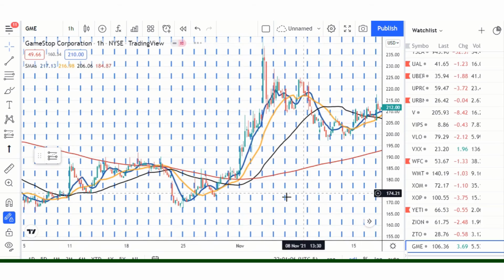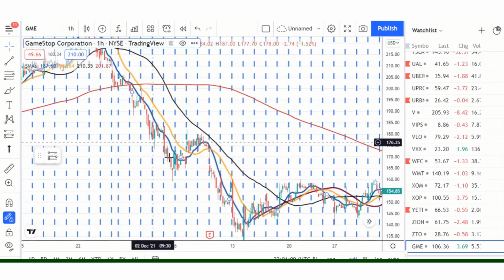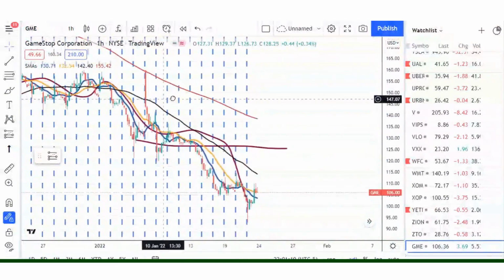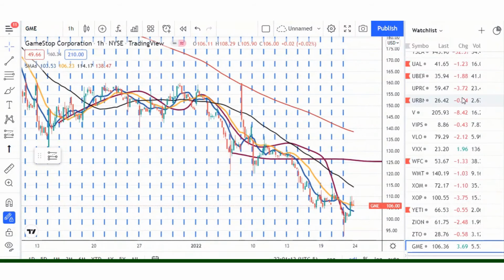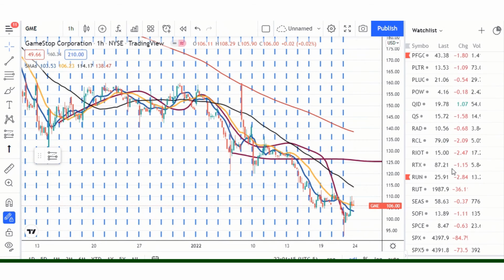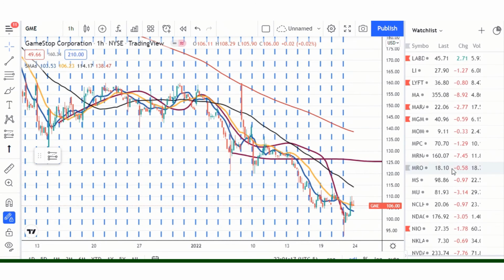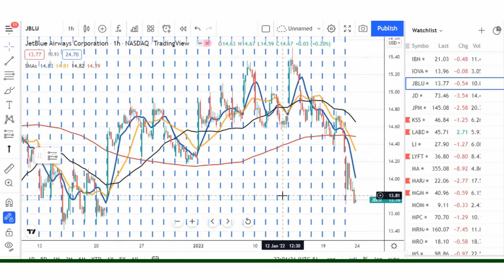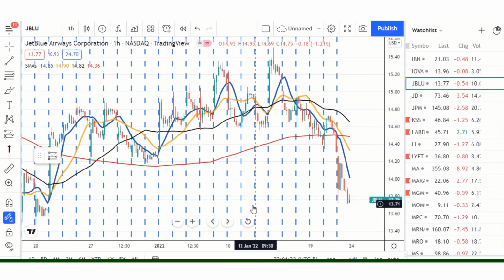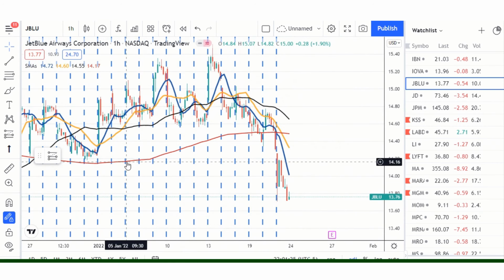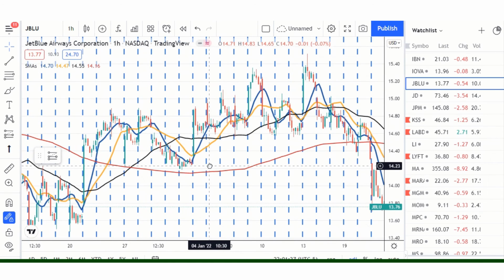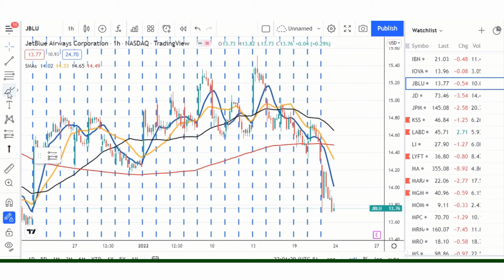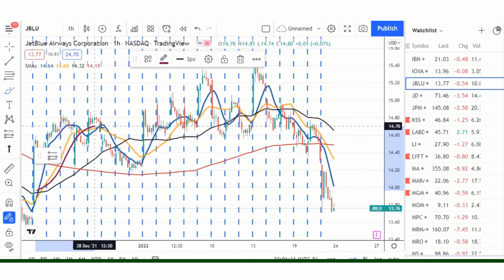Okay, let's try another stock. Let's try JBLU. Let's see if we can find one. Okay, here's one.